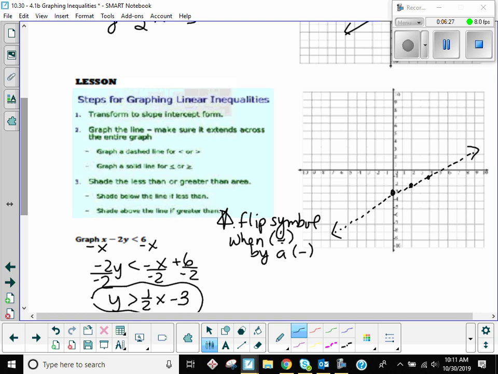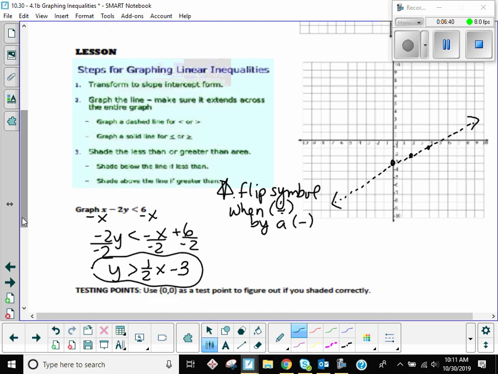And then you have to decide which side you're going to shade on. And right here on step 3, it says shade below if it's less than, shade above if it's greater than. What do we have? Greater than. So this is all the y's that are greater than the line.